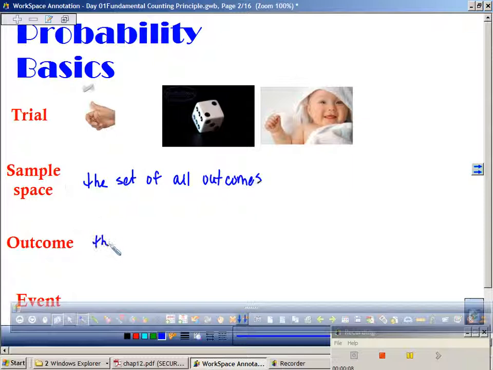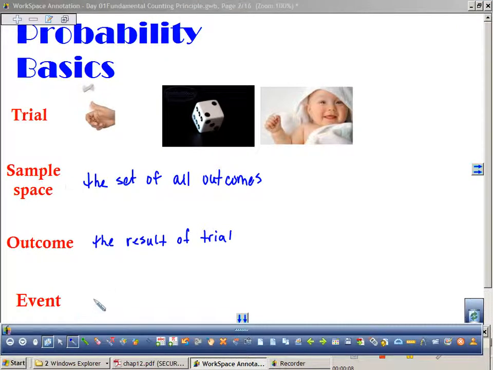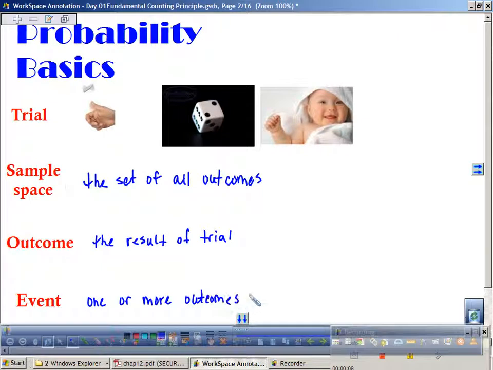Outcomes meaning the result of a trial. And we'll talk more about all of this. An event is one or more outcomes of a trial.